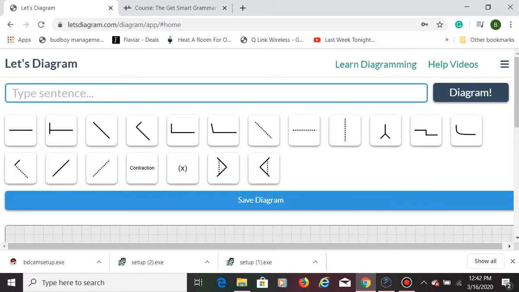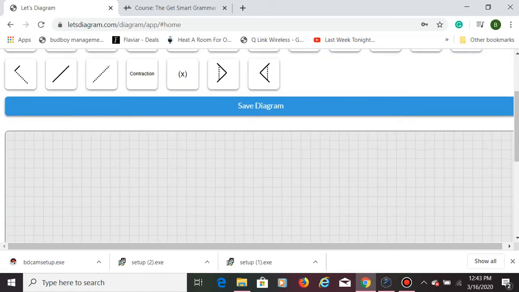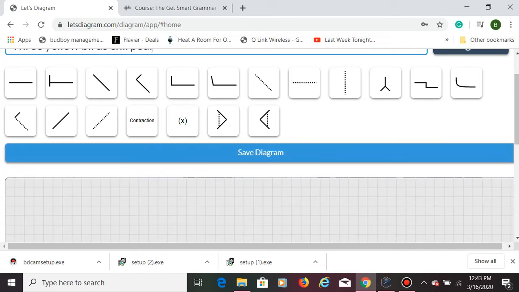So the first question for lesson 6 was 3 yellow birds chirped. Okay? So, for our diagram, remember the first thing we do every time we do a diagram.